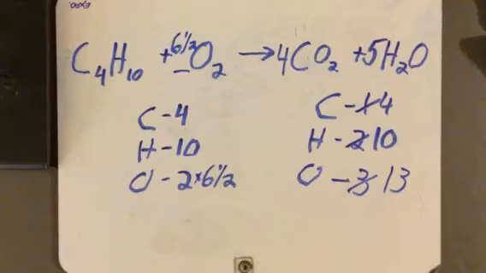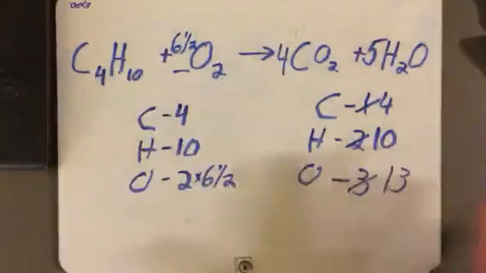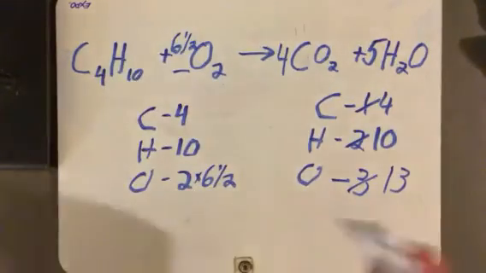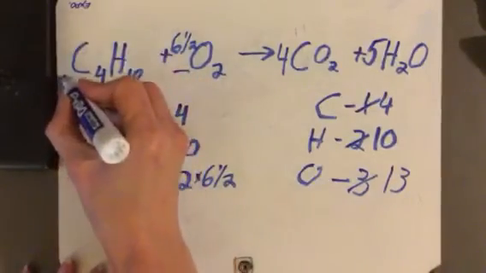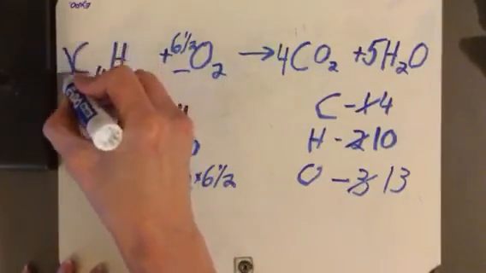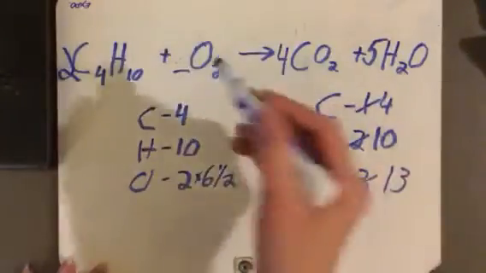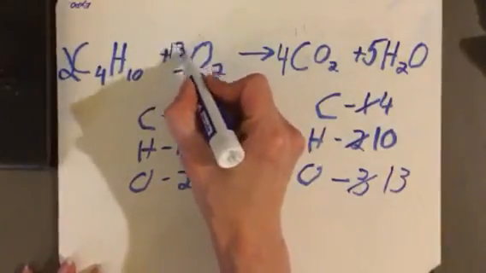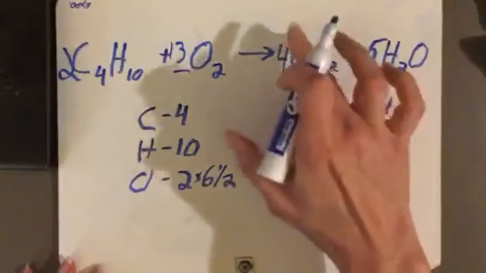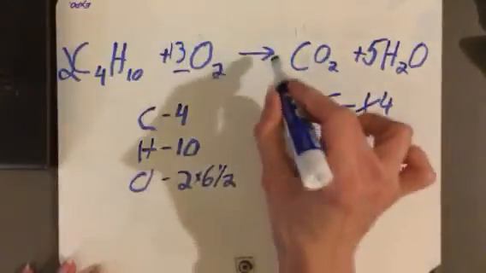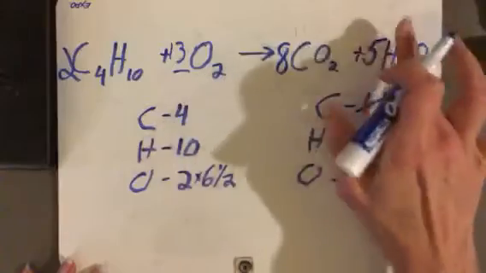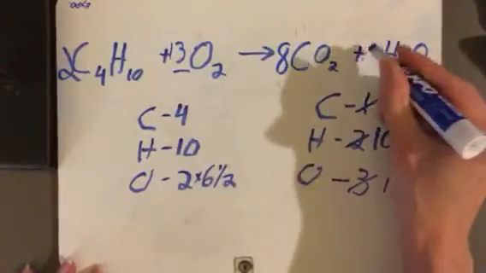So what I have to do is multiply everything across the whole reaction by 2. So I'm going to change this, what was a 1, to a 2. And the 6.5, we're going to change to a 13. Well, now my fraction's gone. And then I'm going to change my 4 to an 8. And my 5 to a 10.